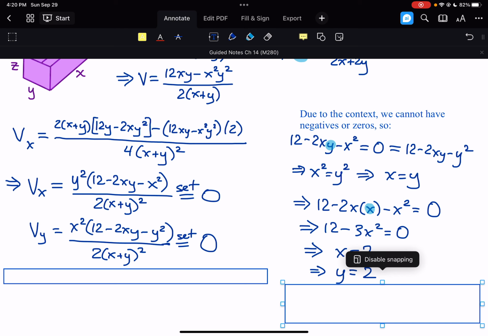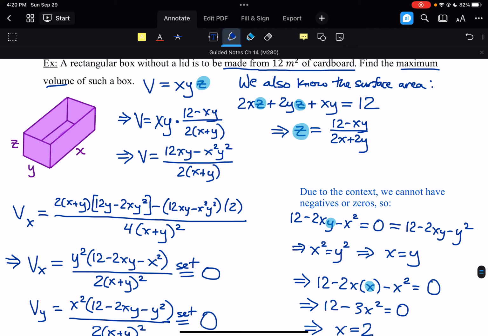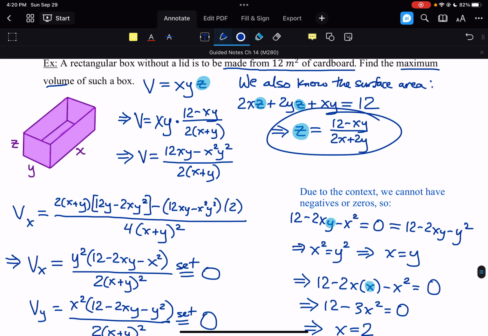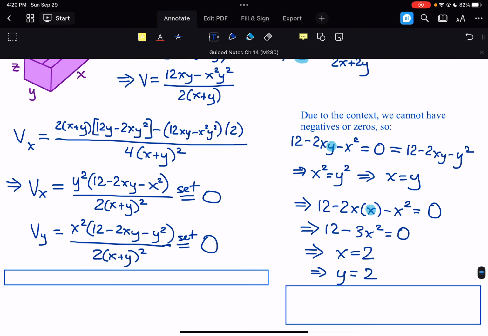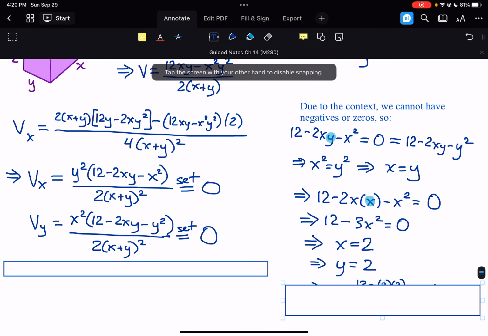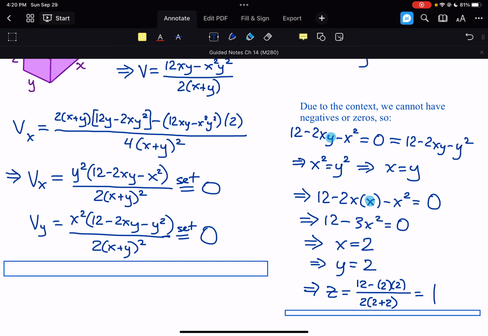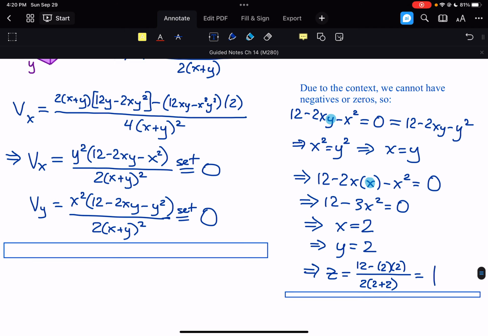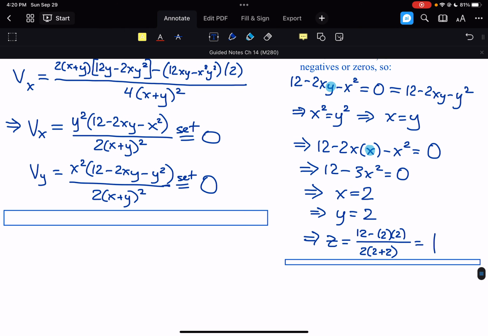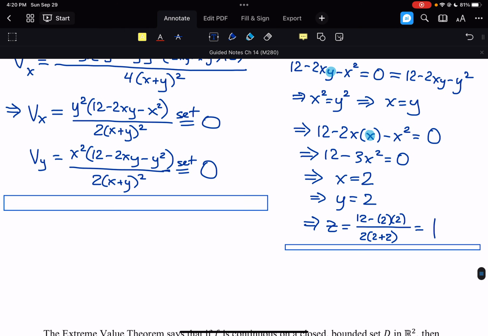And if we want to get the value of z, we go back up to here, plug in x and y both as 2, and we get z equals 1. So again, I skipped over quite a bit of the nitty-gritty algebraic details just because these ones are very heavy. But if you want to try out the algebra, you're more than welcome to. But this is what we get.